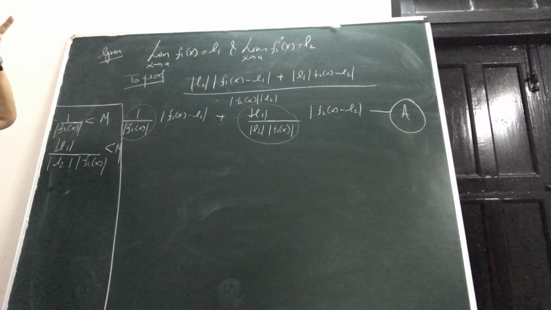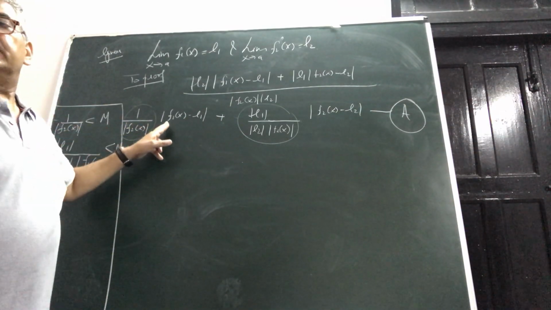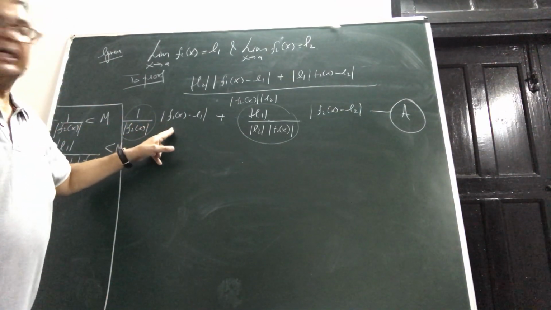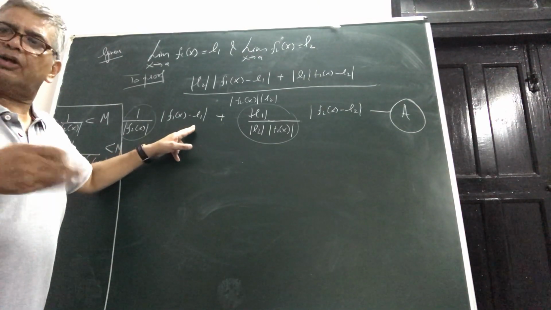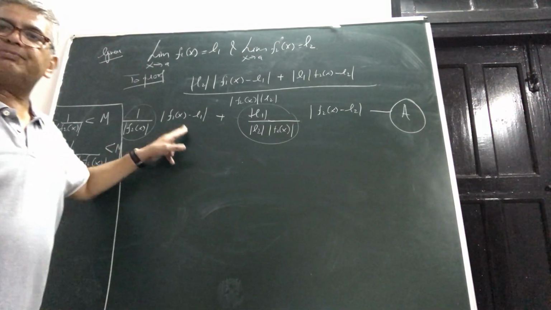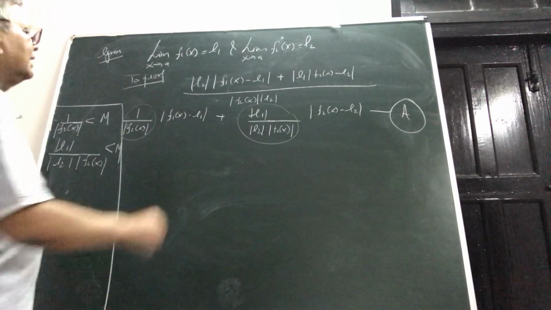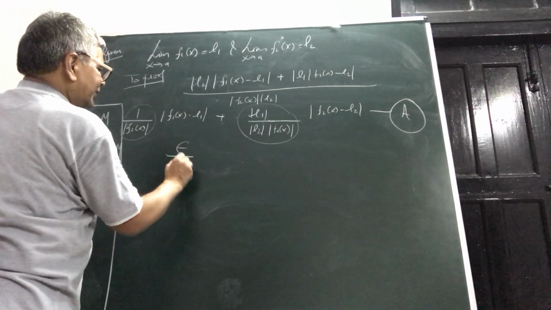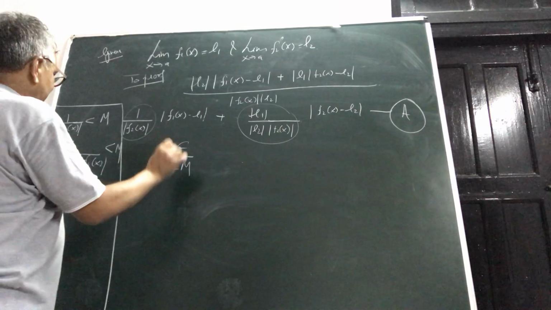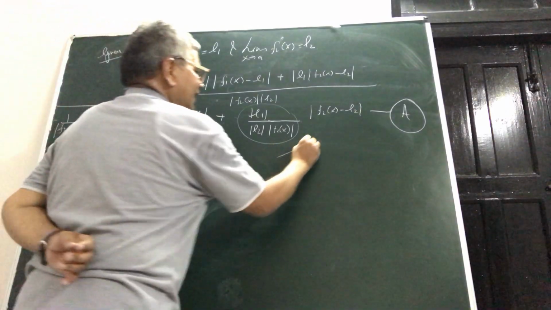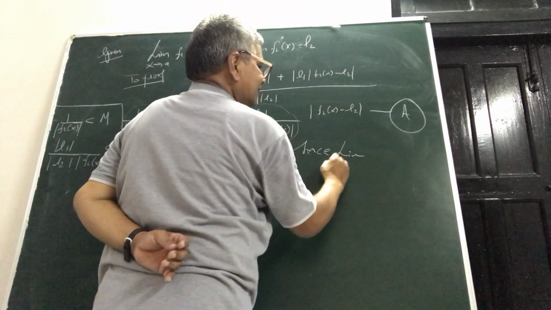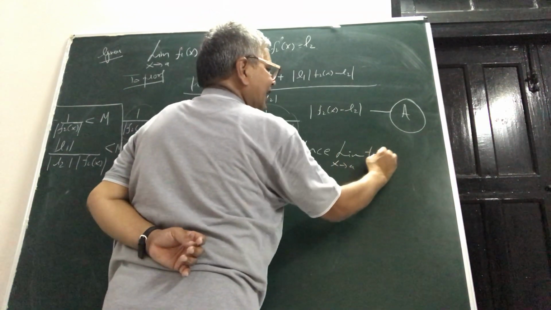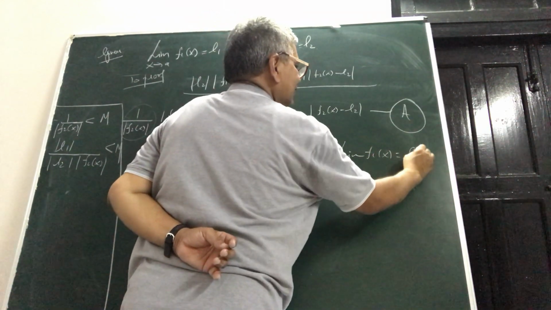Once this is done, see what we will do. Since individual limits exist, f1x minus L1 is less than epsilon. So always for this epsilon you can find a delta. So here what value are you going to assign to epsilon? Let epsilon be epsilon by 2m. Since limit x tending to a of f1x is equal to L1, what does it mean?